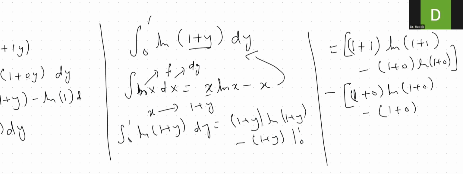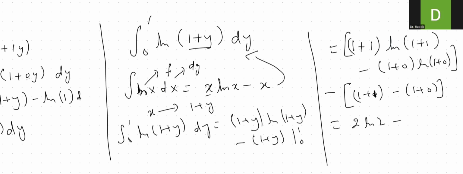Okay, I just applied the limits. Sorry, a second correction. Now it becomes 2 natural log of 2 minus natural log of 1, minus 2 minus 1. Natural log of 1 is 0, and we get 2 times natural log of 2 minus 1. So this is the answer.